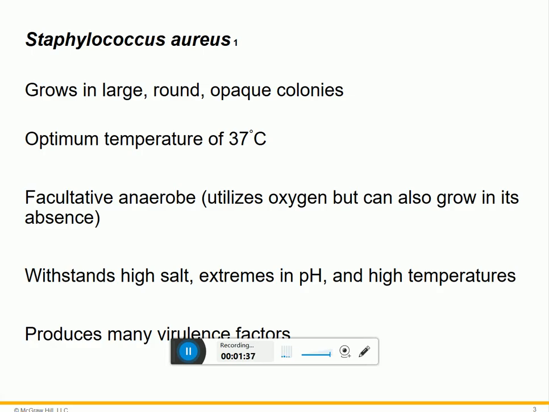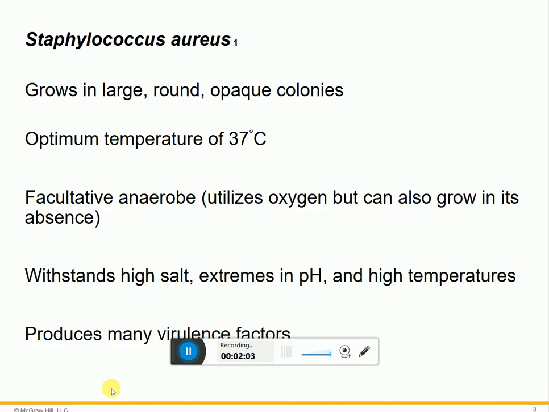Those are mainly where you're going to find them. They are facultative anaerobes, meaning they can use oxygen, but they can also survive without it. They can survive in extreme pHs and very high temperatures, and they have lots of virulence factors.